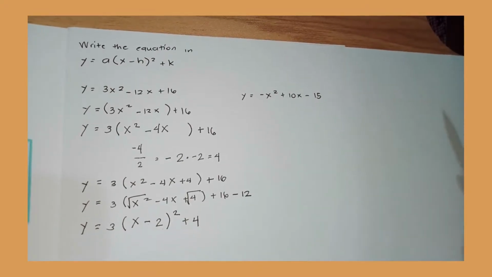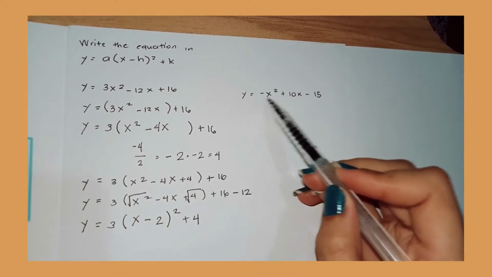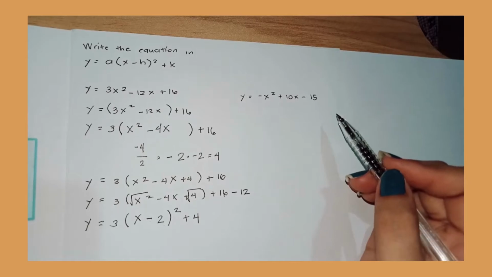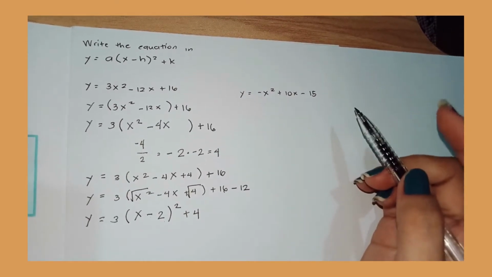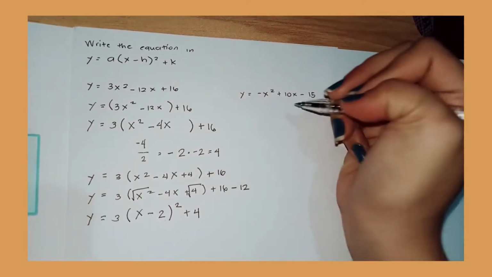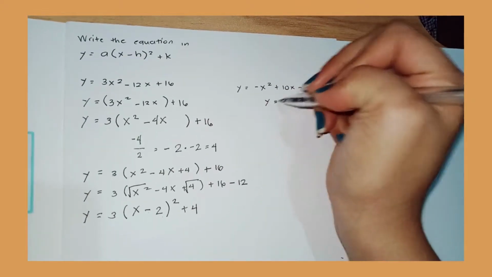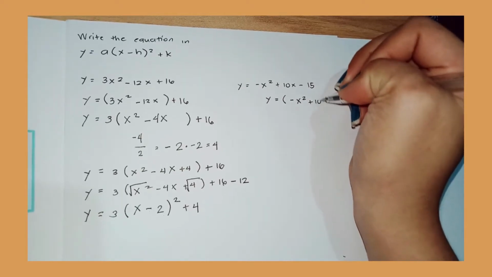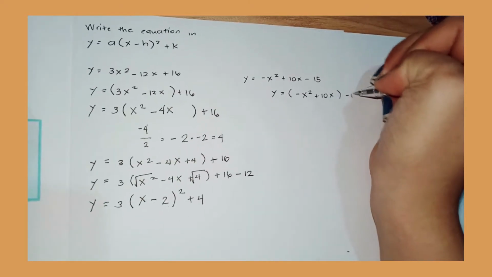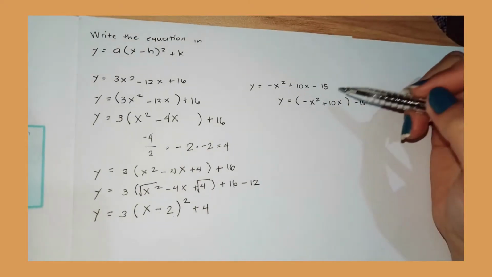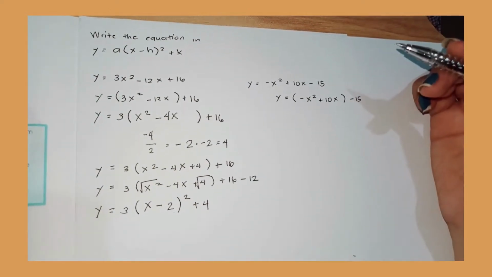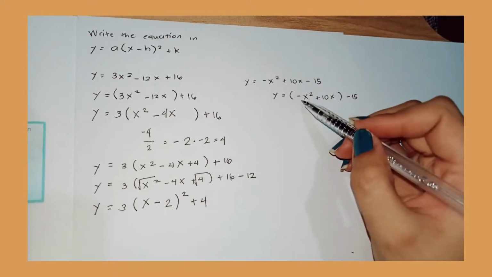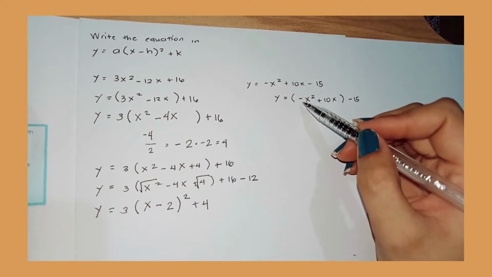Another example, what if we're given y is equal to negative x squared plus 10x minus 15? So, first step natin, pagsamahin yung x. So, this will be y is equal to negative x squared plus 10x minus 15. So, nilagay ko lang yung dalawang x sa open and close parenthesis natin. Next na gagawin, kailangan ilalabas natin tong negative or negative 1.